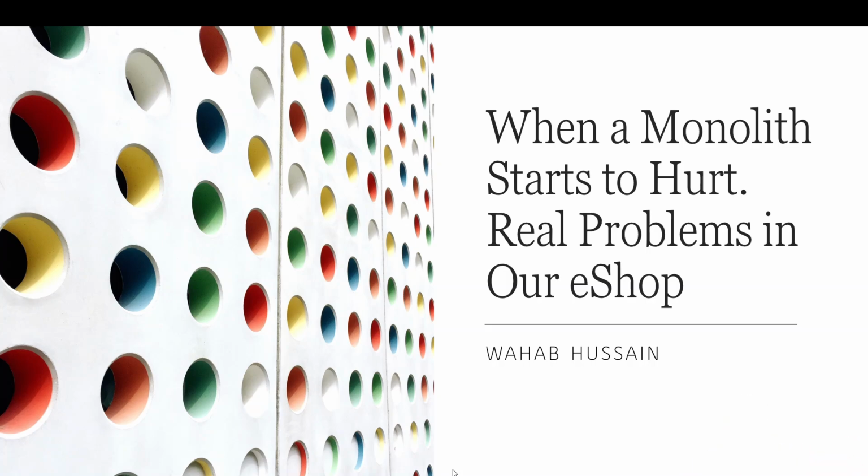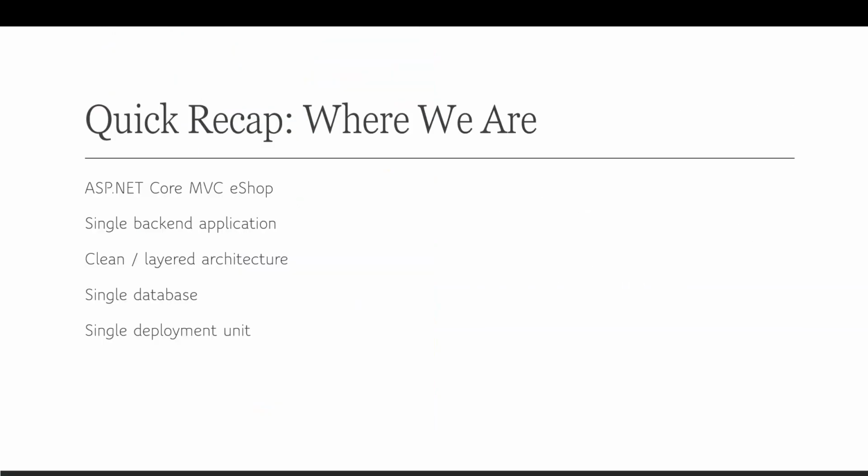So we'll be discussing when a monolith starts to hurt, a real problem in our e-shop. We have already created our e-shop application, and we are able to create orders. We have used a sort of layered architecture, but still it's a monolith. So we need to see where we are.